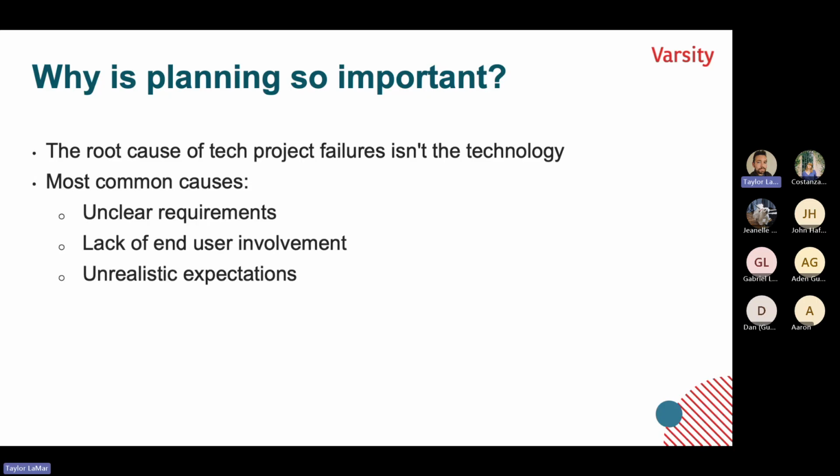And there's actually 3 common causes: unclear requirements, lack of end user involvement, and just straight up unrealistic expectations. You can do everything right, but if you're too aggressive, things are going to fail, because typically we don't plan for real world scenarios or the human factor.